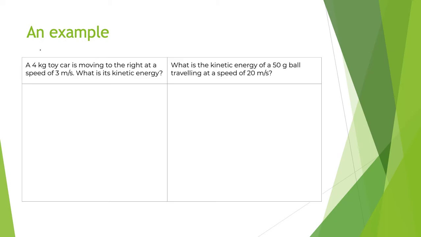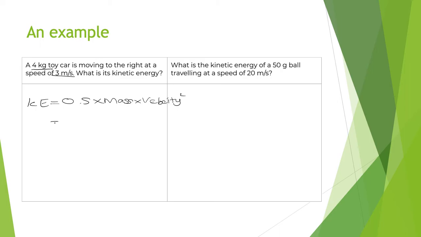So let's write out our equation. Kinetic energy equals 0.5 multiplied by the mass multiplied by the velocity squared. Let's take our numbers and put them in.